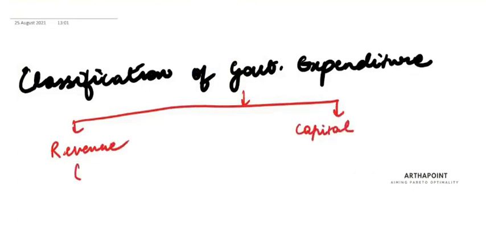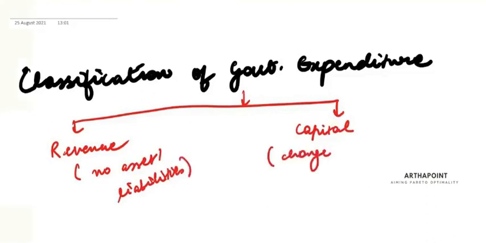Revenue expenditure, no change in assets or liabilities, whereas capital expenditure was leading to change in assets or liabilities. It was either increasing the asset or decreasing the liability of the government.